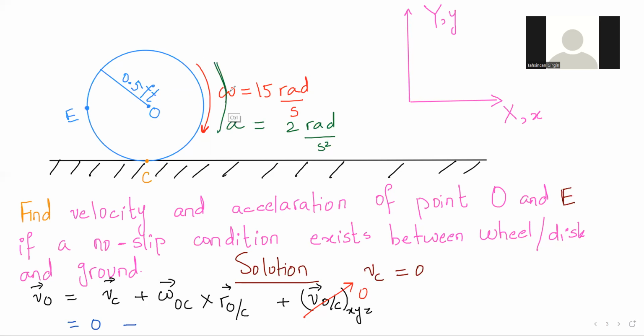So I am giving you for this question that alpha is also clockwise. Okay, omega OC is clockwise. That is negative 15 k unit vector. Position vector of O with respect to C.